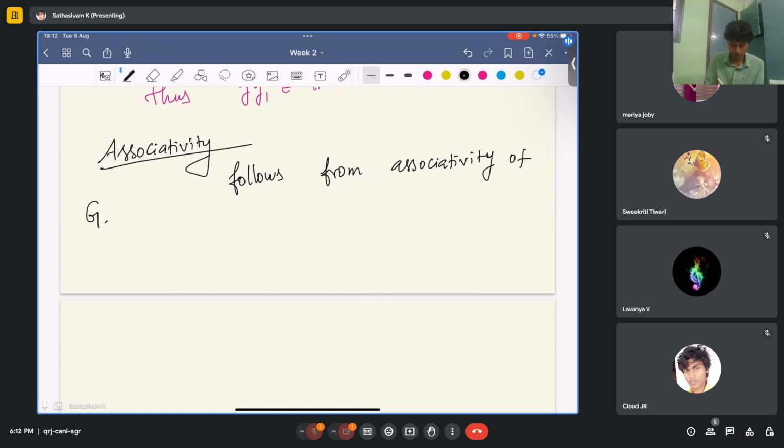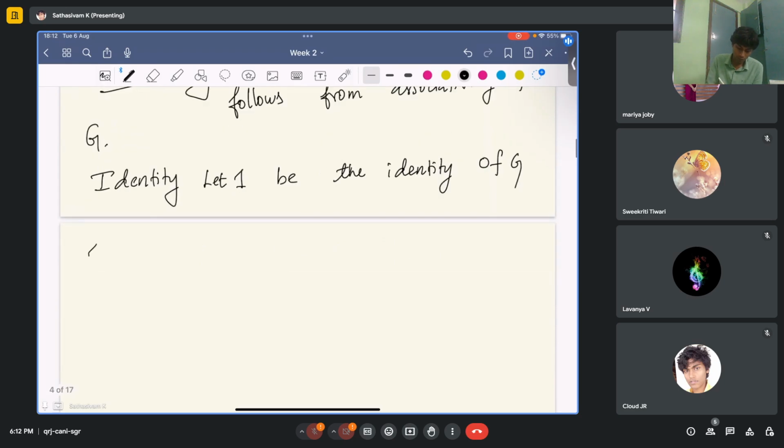Okay, now what about the identity? Let's say 1 is the identity of G. What we know is this 1 belongs to H. Why?